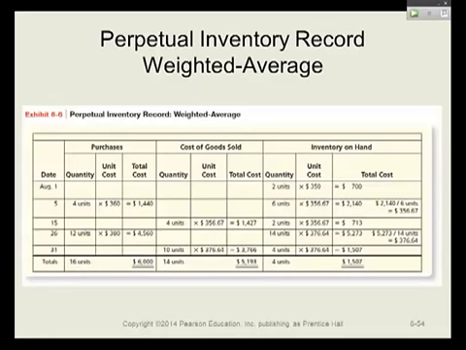The 2 extremes are first in, first out and last in, first out, and the average cost should fall between those 2. If you are looking for a way to validate your answer, just remember that the average cost should be between FIFO and LIFO.